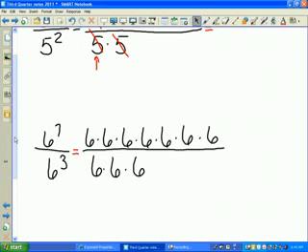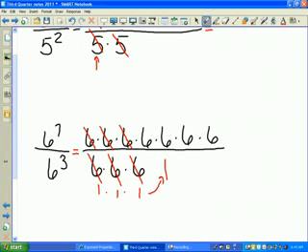So just like we mentioned before, let's go ahead and do the division. So 6 divided by 6 will give me 1, three times. So right now, in reality, my denominator is really a 1. Because if I said 1 times 1 times 1, that will give me a solution of 1.